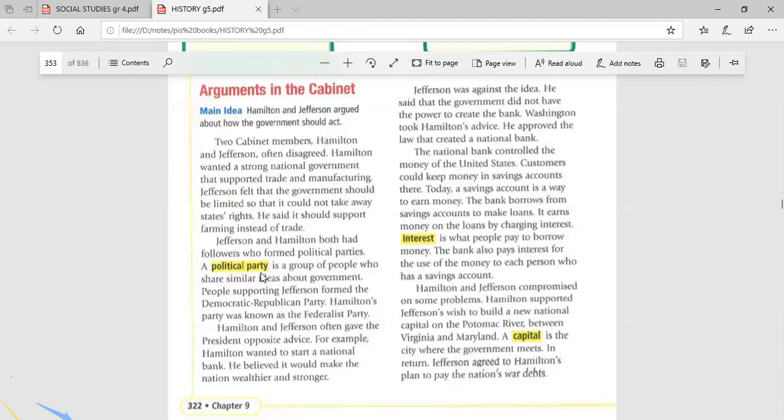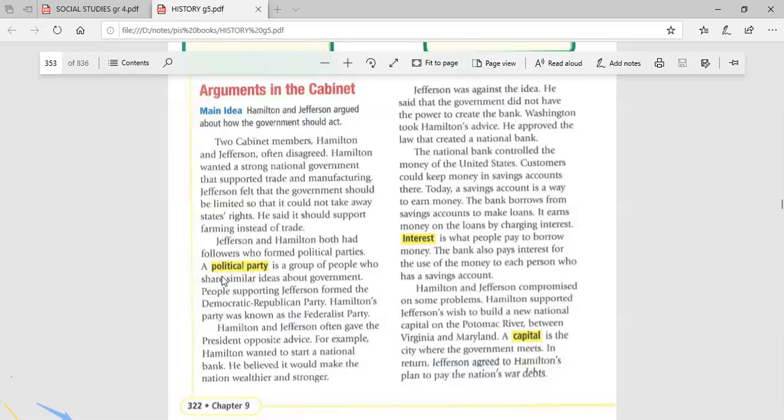So here in our lesson, Thomas Jefferson has a political party, and Alexander Hamilton has a different party. Each party has a point of view and the same ideas about the government.